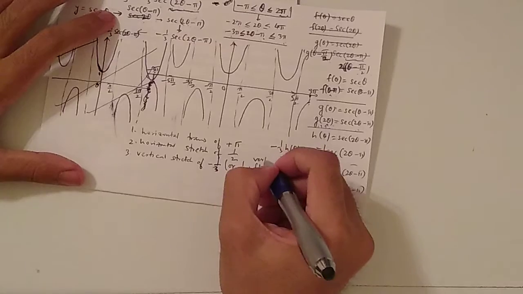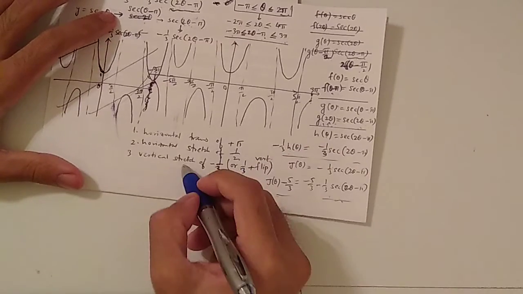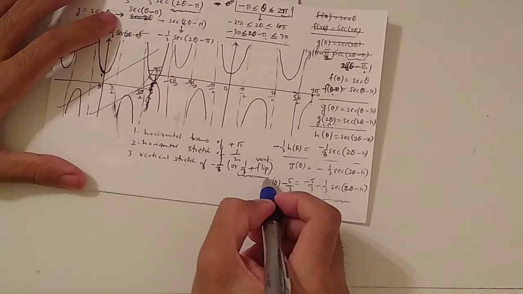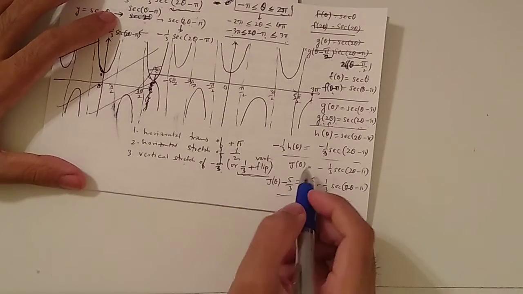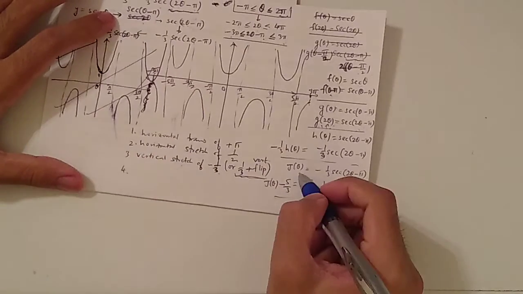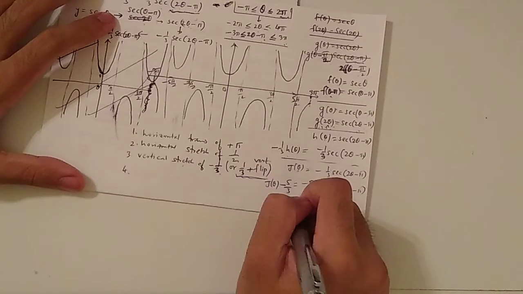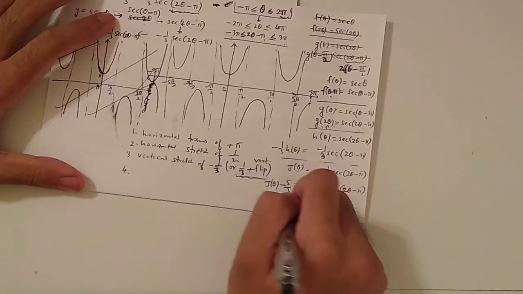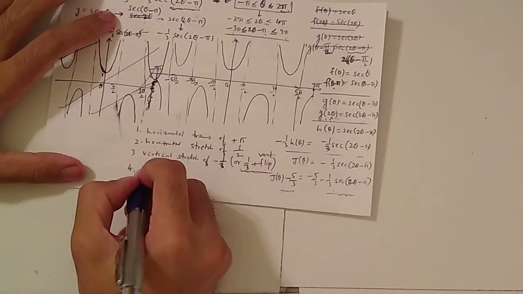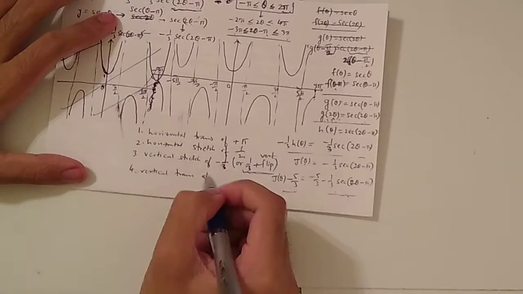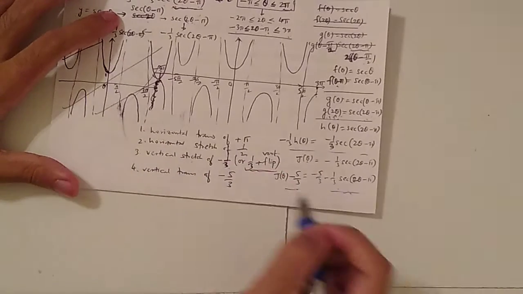Let's just call it a vertical flip. So we have a vertical stretch of 1 by 3 plus a vertical flip, and the final step is from j theta to j theta minus 5 by 3. Minus 5 by 3 is outside the bracket, thus this is going to take place along the vertical axis. In this case, this is going to be a vertical translation of minus 5 by 3.